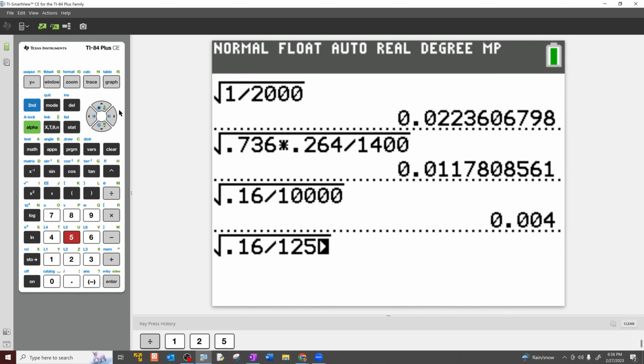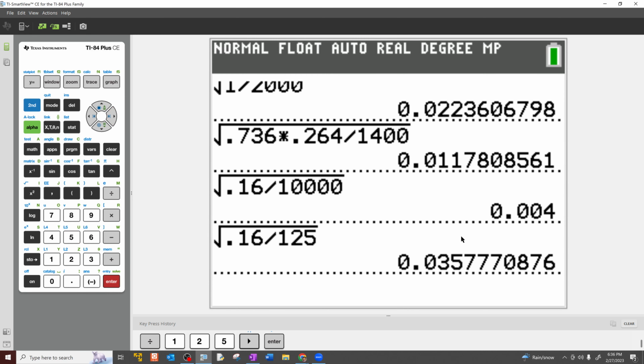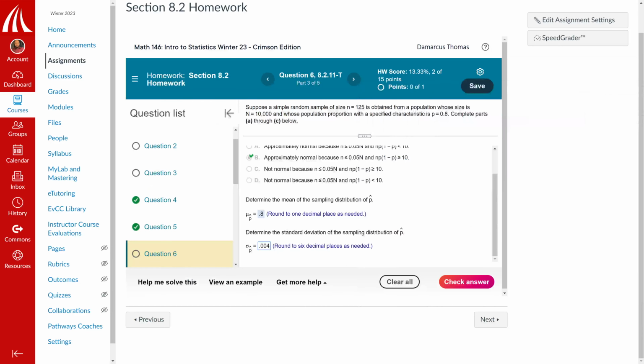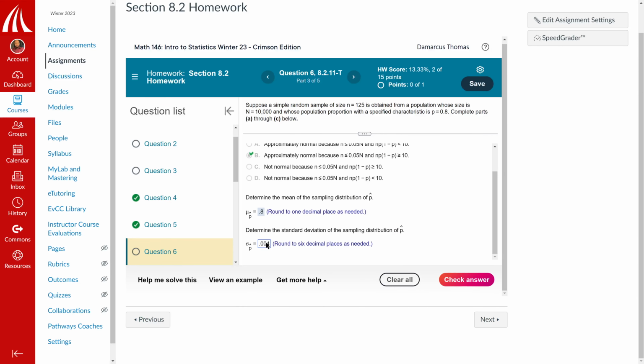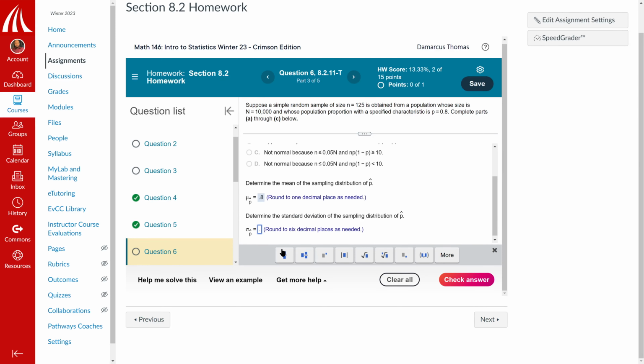It has to be n, not big N. That's 0.036. Oh, they said 6 places as well. All right, we got 6 places.